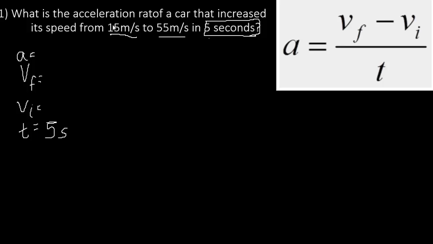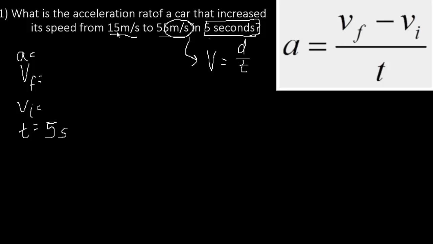The next two numbers are both in meters per second. When you see meters per second, that should be screaming at you that it is a velocity. If we remember, velocity is equal to a distance over a time. Distance is usually measured in meters and time is usually measured in seconds. So these two are velocities, VF and VI. But which one is VI and which one is VF?